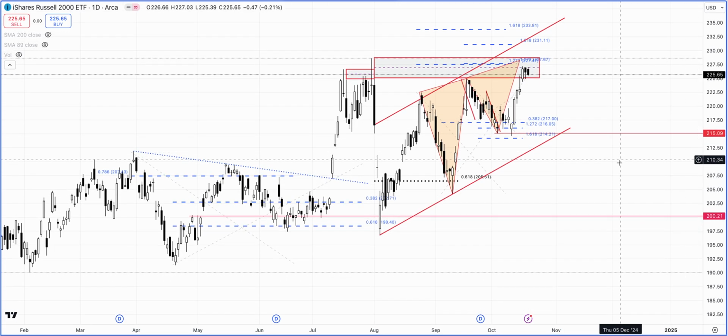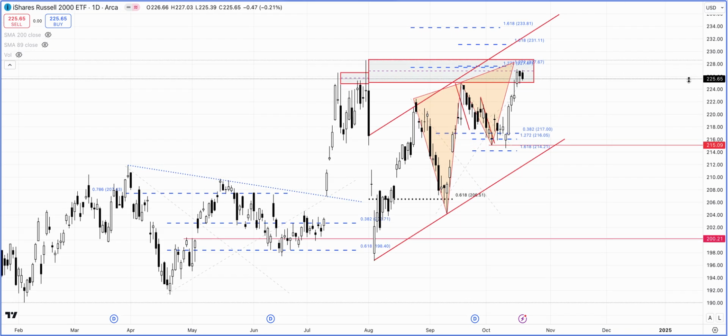The last time we had done this video, I was showing you this pattern right here. So it's very close to this. Pretty much it has completed this, but 228 is kind of the exact number on it, and in my opinion that's going to be a 3 drives to a top pattern.